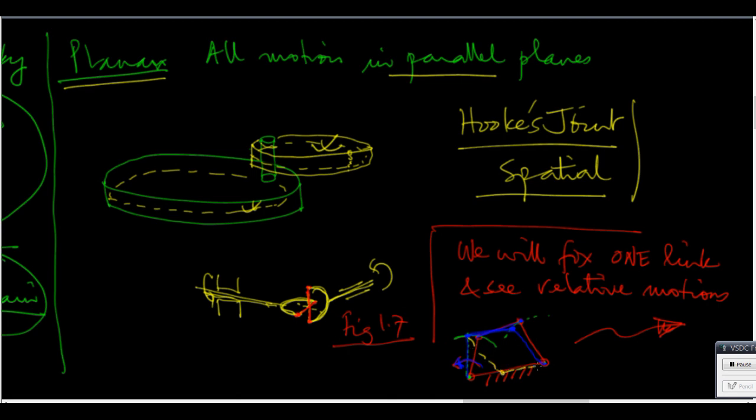That is not a local change, that is a big change. It is a globally different configuration. Over here, when I make a small change, there should be a small change allowed, and the structure should be possible to still assemble the structure in that way. Then you know that there is a degree of freedom. In this case, once I determine this angle change, the rest of the structure is determined. So this is a single degree of freedom mechanism, which, as the book points out, is called a constrained kinematic chain.